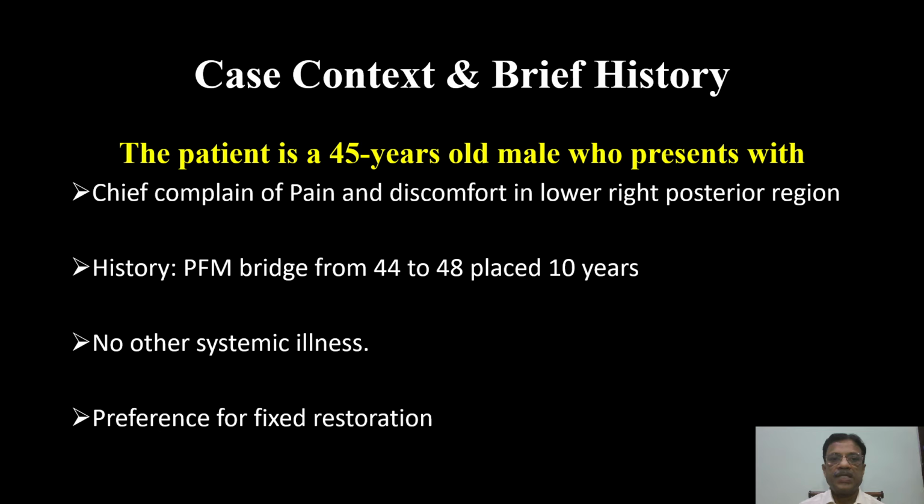What is the case context and brief history of this case number 2? The patient was 45 years of age and presented with a chief complaint of pain and discomfort in the 4th quadrant, that is, the lower right posterior region. He had a history of FPD which was placed 10 years before.